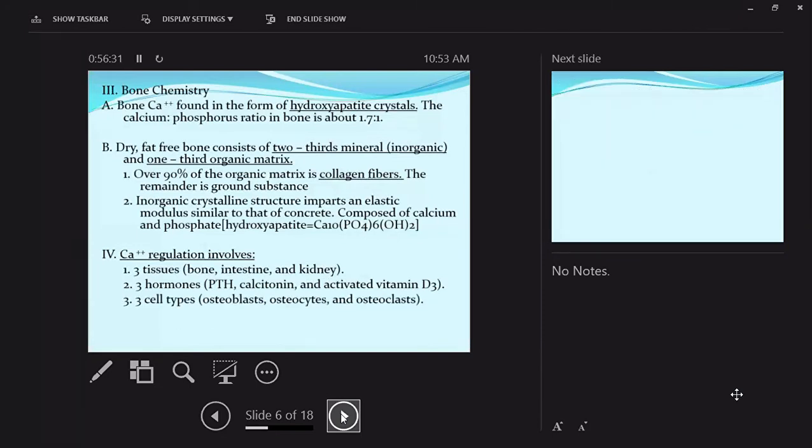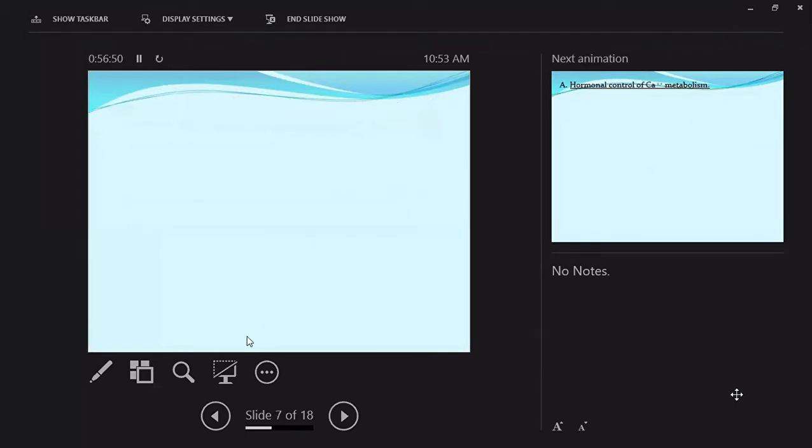And 3 cell types: osteoblasts, osteocytes, and osteoclasts. Okay? 3 tissues: bone, intestine, and kidney.